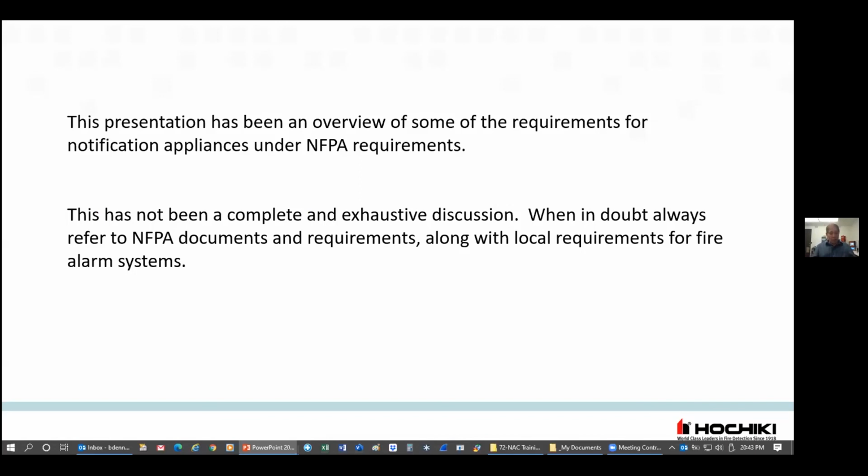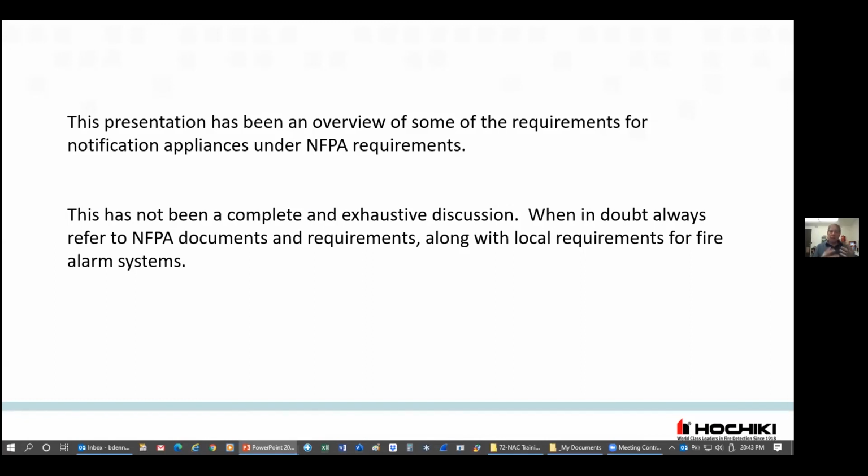But if you're using NFPA, or if that is the code you're required to follow, take a look at the document. Also, if you have any local requirements for fire alarm systems, be sure that you're aware of those too. And you can read the NFPA standards, all of them, online at nfpa.org.